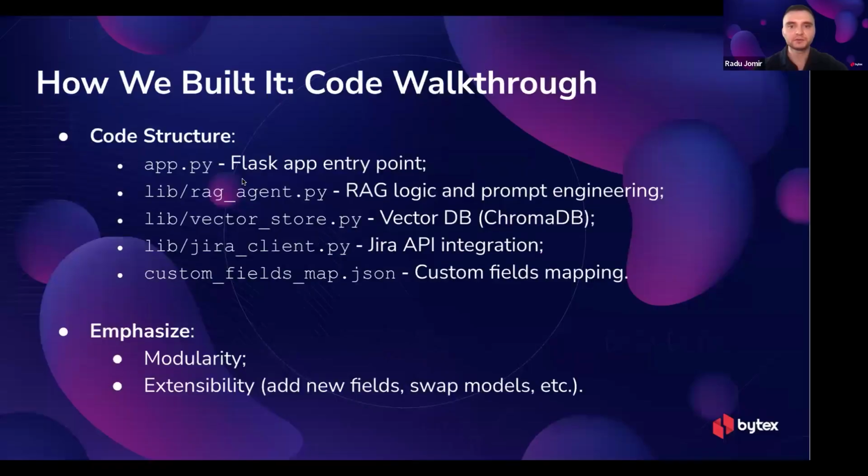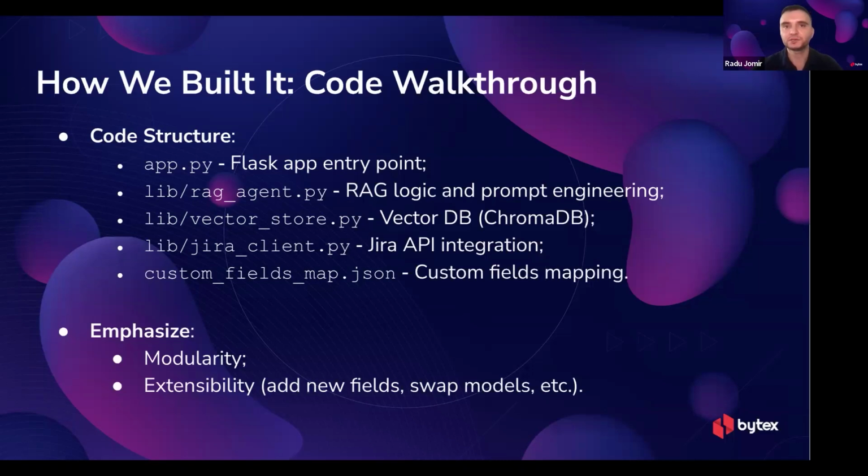All right. So discussing how we built it, let me give you a quick tour of how this is actually built. The code is organized into a clean modular structure. We have our main Flask application in app.py, which is the main file, which handles the web interface and coordinates everything.